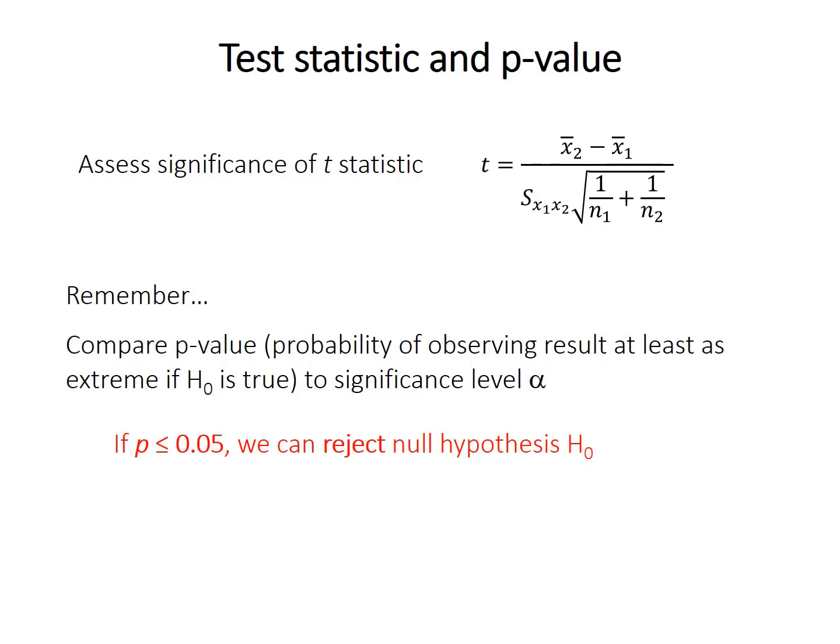So if the resulting p-value is 0.05 or smaller, we can reject the null hypothesis and say that the two samples do have significantly different means.